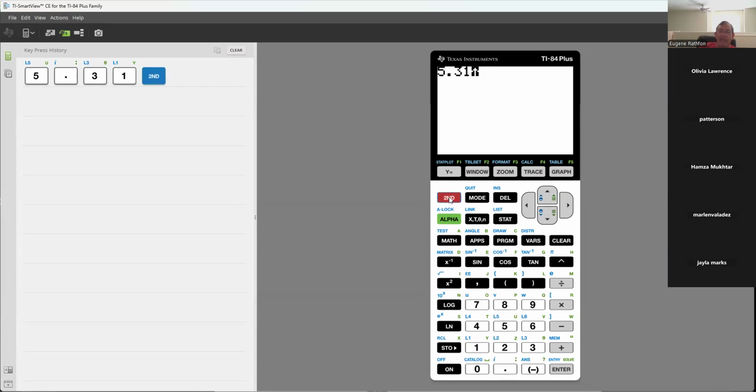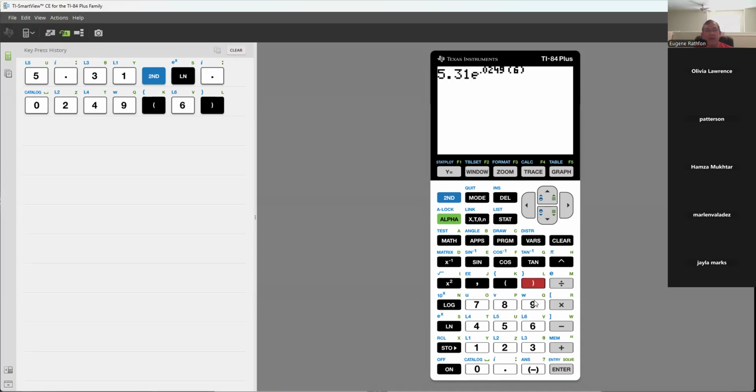I'm going to use second ln to get my e with that exponent there. And then I had 0.0249 times my t, which was 6 years. So if this is exponential growth, then my population has to be bigger than 5.31, because that's what I'm starting with, okay? So y'all, let's hit enter.